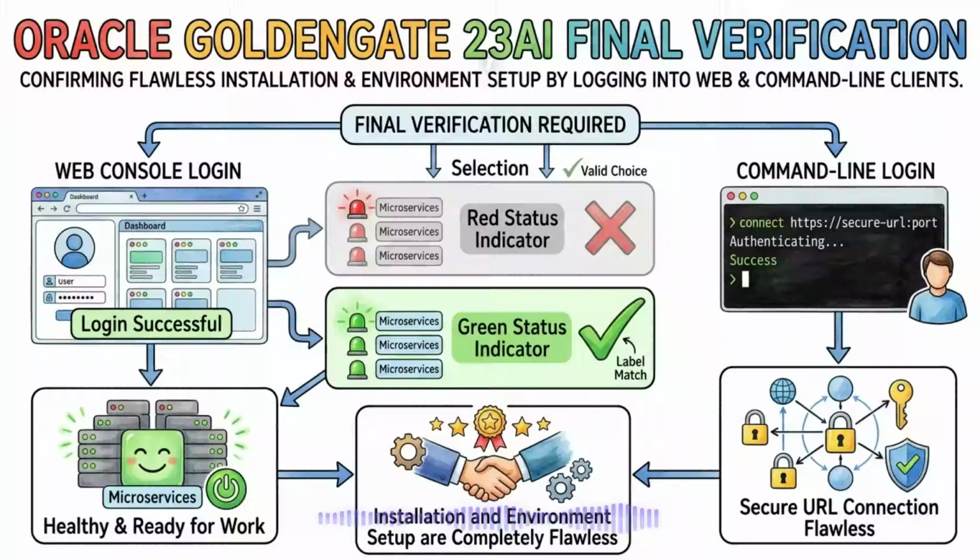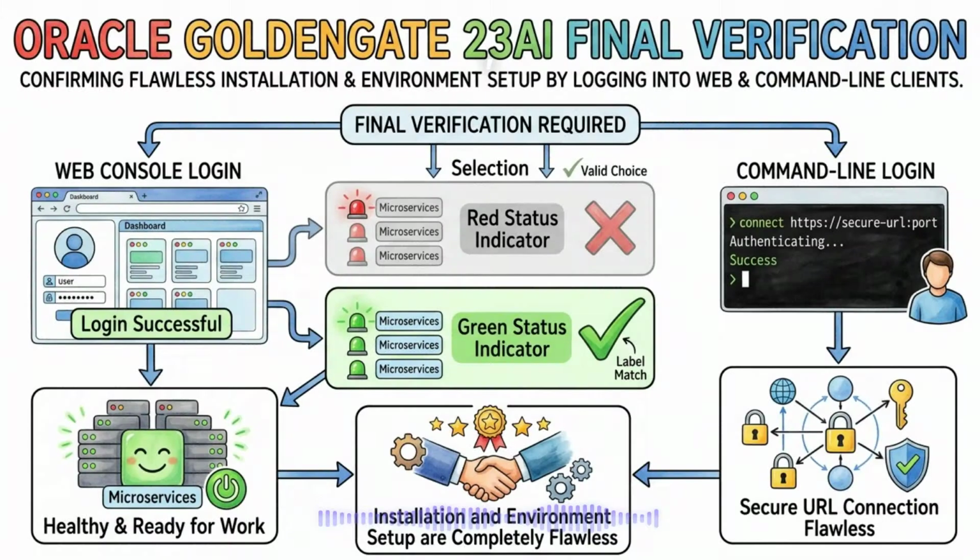Security is a massive part of the environment setup, and you must never store plain text database passwords in your GoldenGate configuration files. To solve this security challenge, GoldenGate provides a feature called the Credential Store, which is a secure, encrypted digital vault on your server file system.